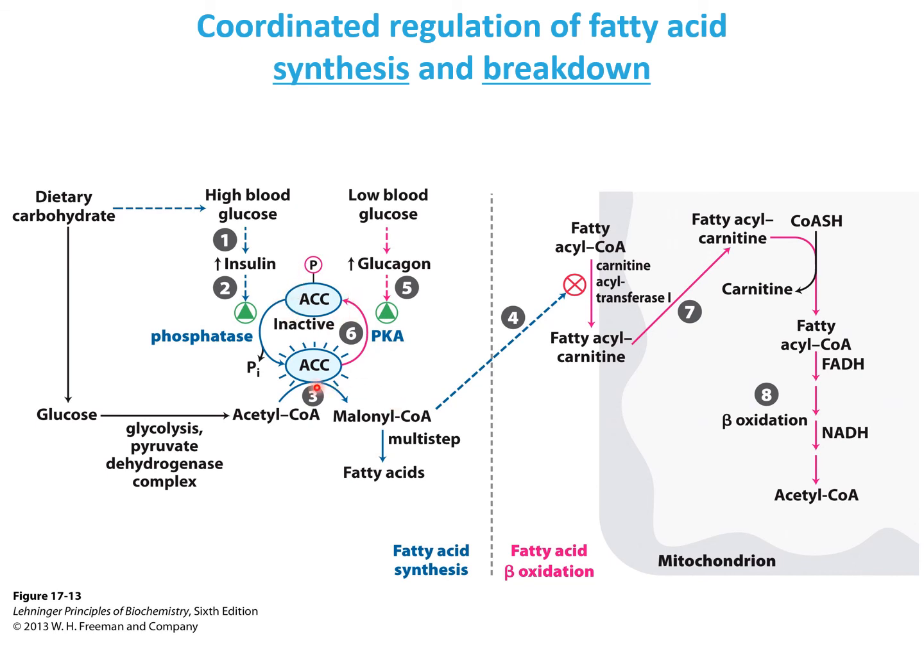This means that there is a low level of malonyl-CoA, hence allowing beta oxidation to occur. So fatty acid is used as the major energy source under low blood glucose.